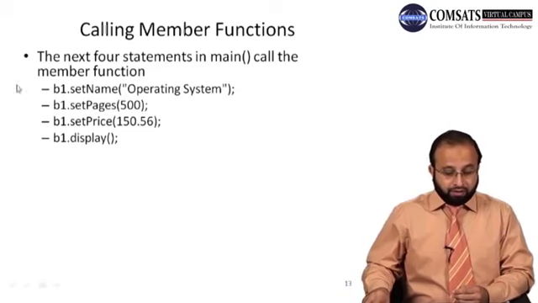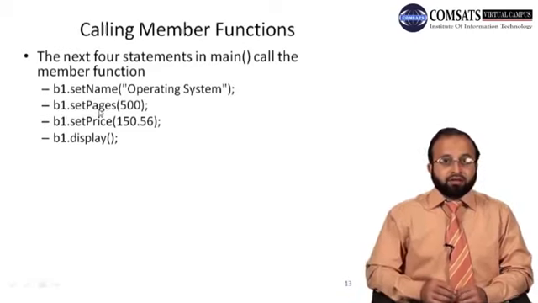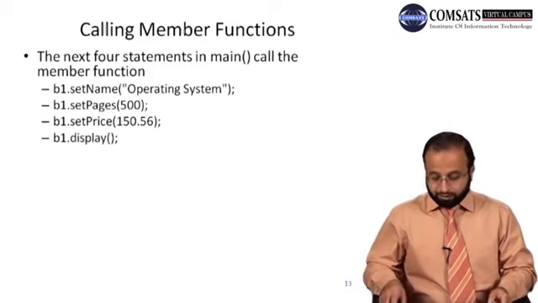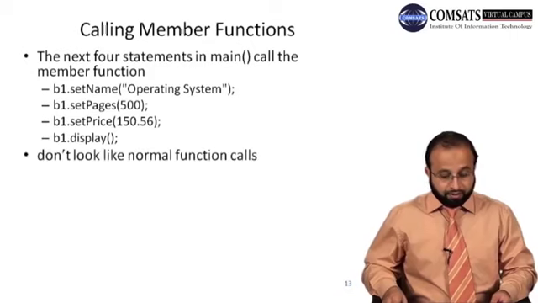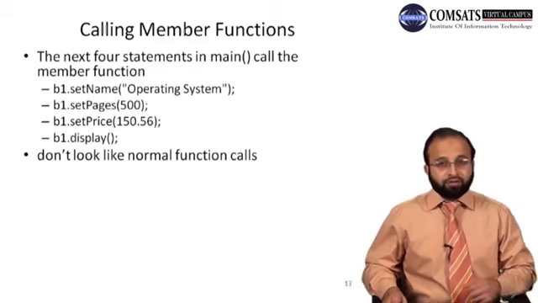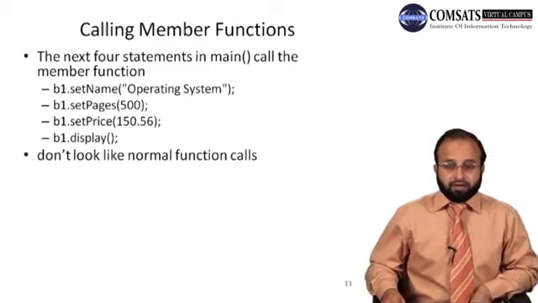So b1 डॉट सेट पेजेस, b1 के प्राइवेट डाटा मेंबर सेट पेजेस जो मेंबर फंक्शन है क्लास का उसके अंदर एक्सेसिबल होंगे. ठीक है, this is what we have observed. So it does not look like a normal function call because you need to have an object of that class to call the member function of that class, right?